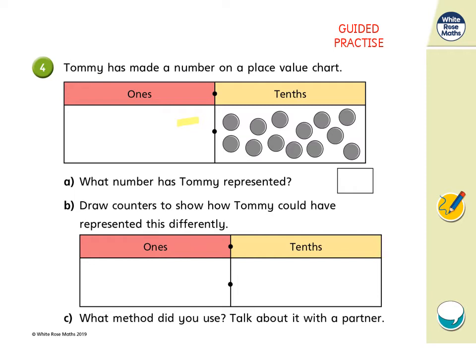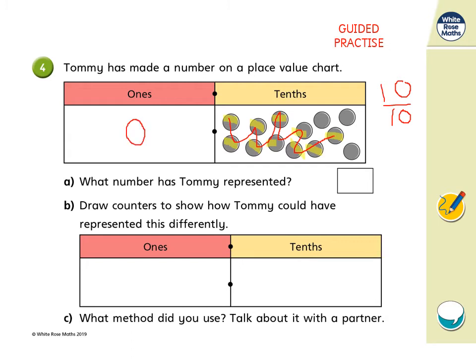So let's have a look. We've got 1/10, 2/10, 3/10, 4/10, 5/10, 6/10, 7/10, 8/10, 9/10, 10/10. And we know that when we have a fraction where the numerator is the same as the denominator, it equals a whole. So actually, I could exchange all of those counters, 10/10, for 1 whole, 1 counter.